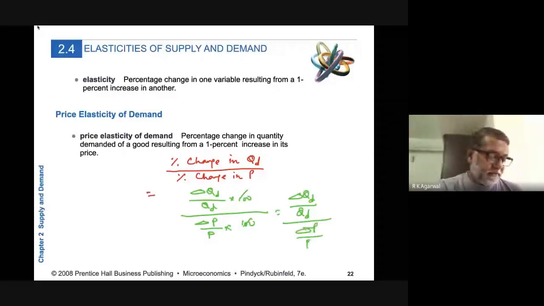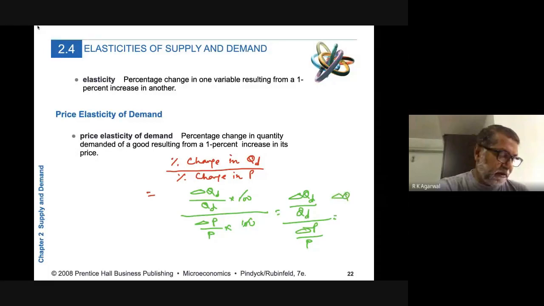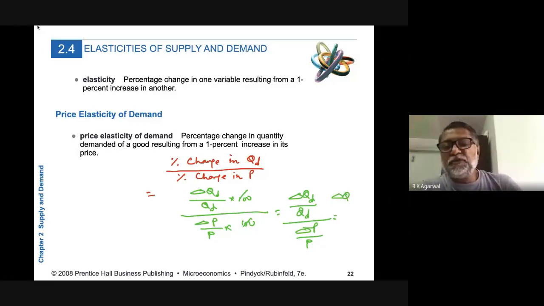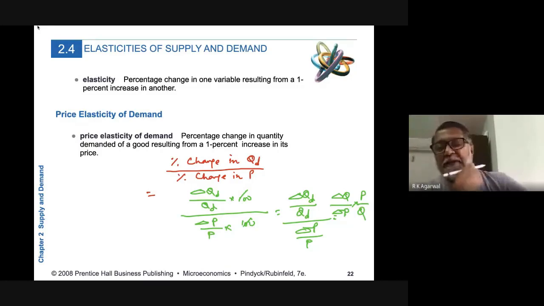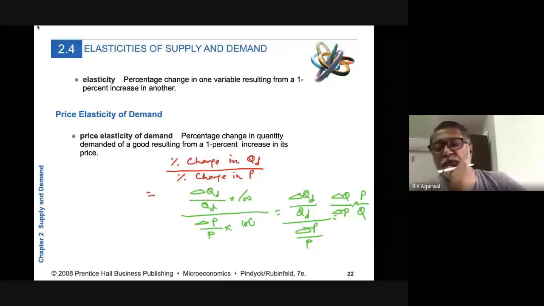Or if you simplify it a little bit, what do you get? Delta Q. Let us forget about the term D. We are only using the term Q. Delta Q by delta P into P by Q. So this is how you can write it. All the deltas have been brought in one place and non-deltas in another place.